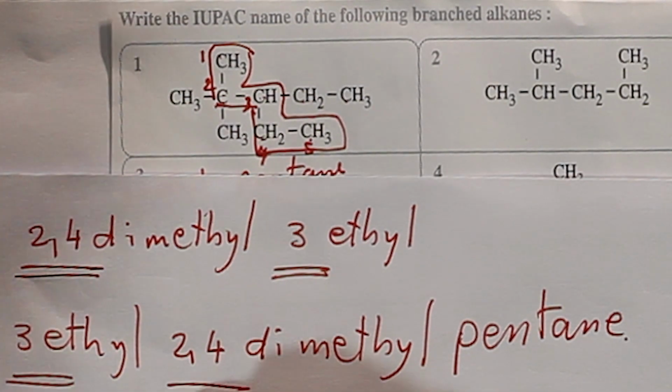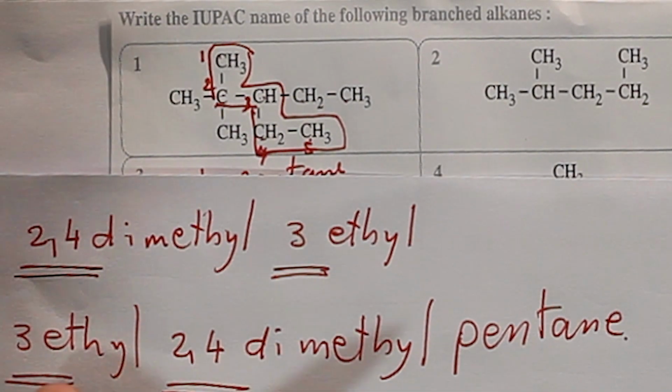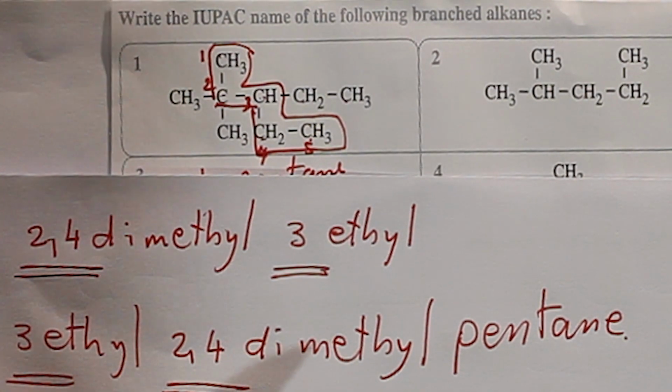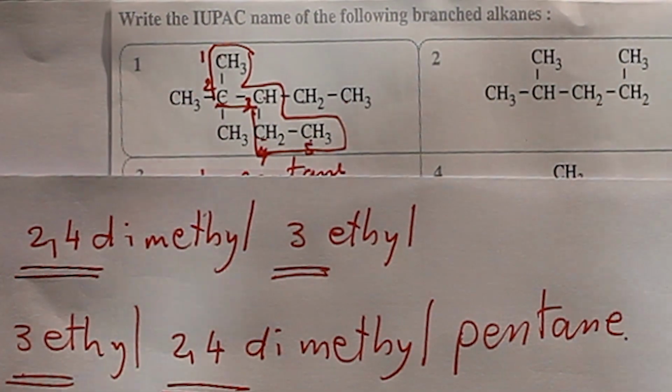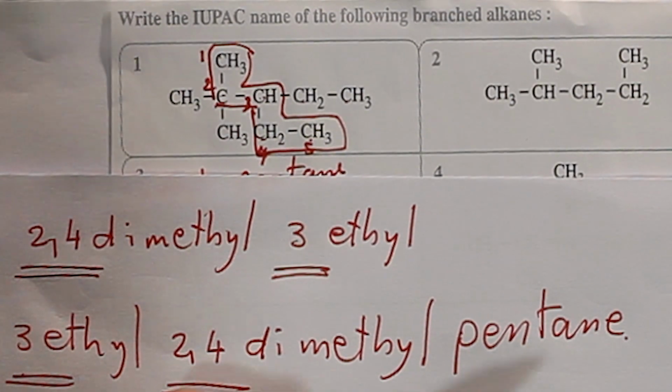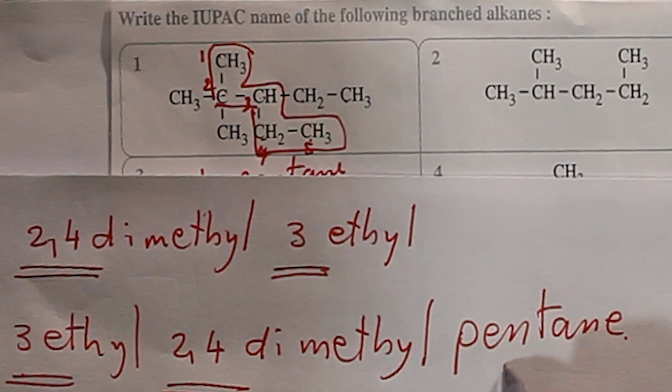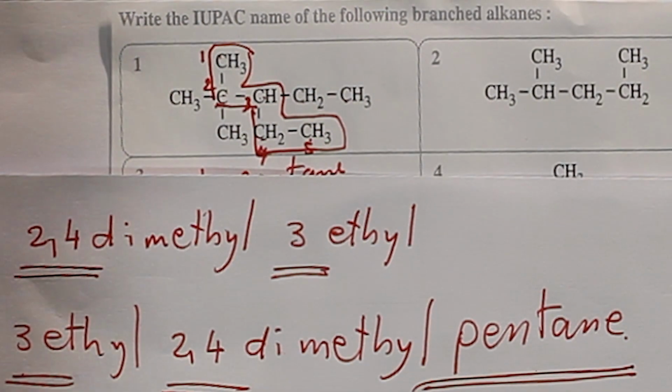Arrangement according to alphabetic. Alphabetic E before M. So we write 3-ethyl. 3-ethyl means the position of ethyl at carbon number 3. 2,4 the position of methyl, dimethyl, because they are similar, and the main chain is pentane.